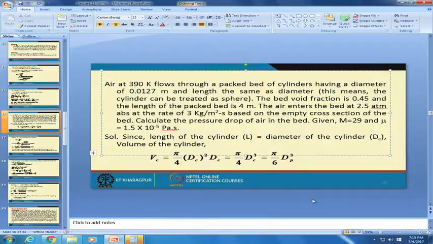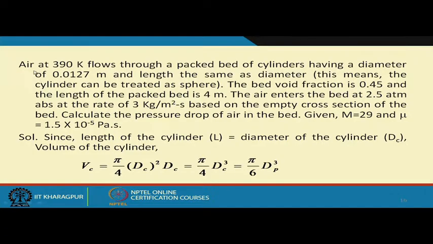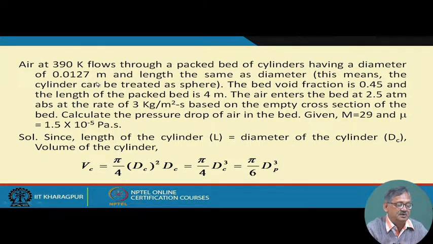So, let us do another problem. Air at 390 Kelvin flows through a packed bed of cylinders having a diameter of 0.0127 meter and length the same as diameter. This means the cylinder can be treated as a sphere.